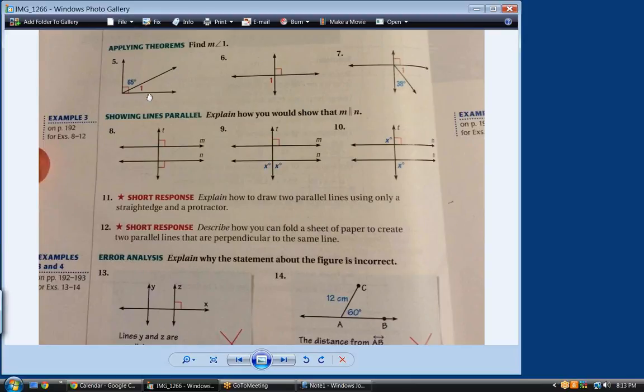Okay, number 5. For this one, we know that the angles are complementary because it has the right angle symbol to it.